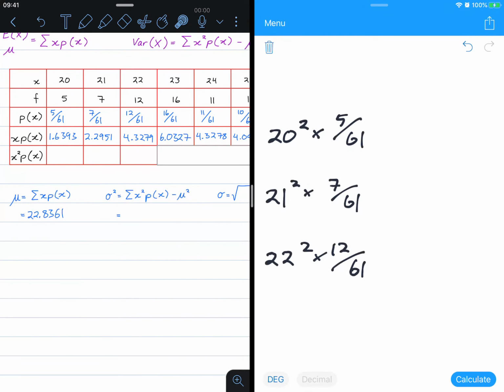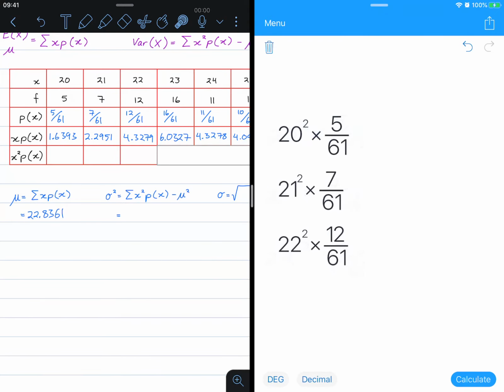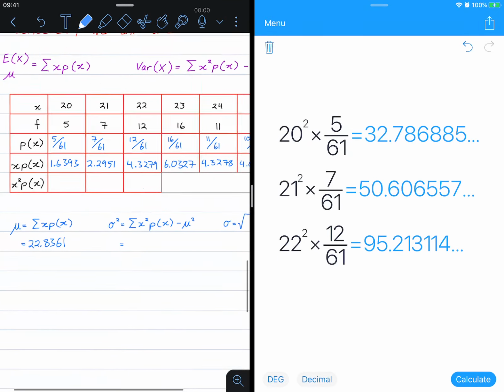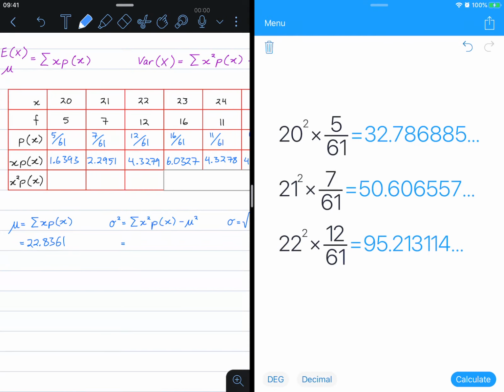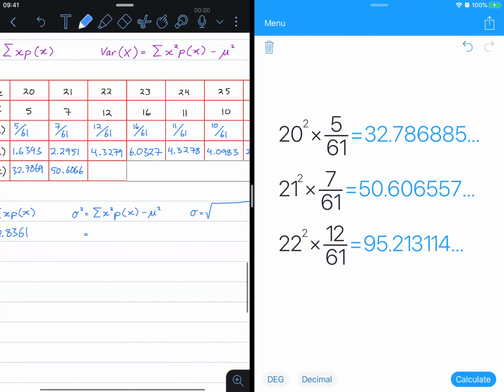Just to clarify what I did, 20 squared times its probability, 21 squared times its probability, and so on. Calculating all of those, we get 32.7869, 50.6066, and 95.2131.